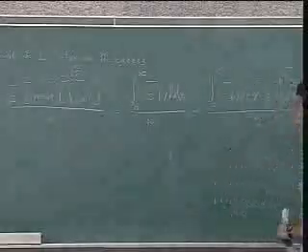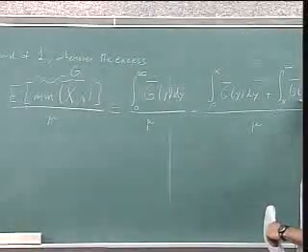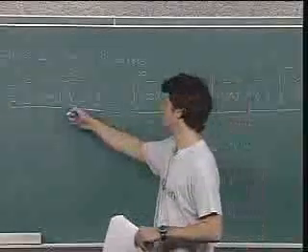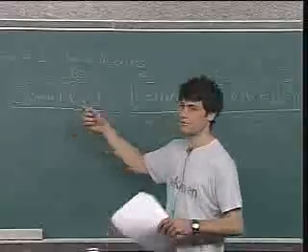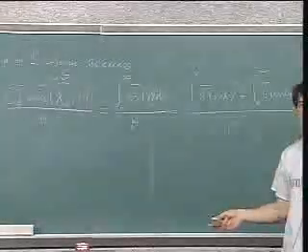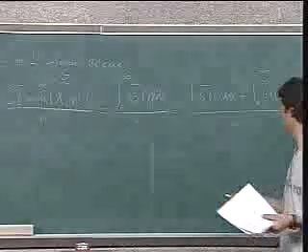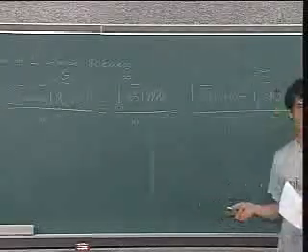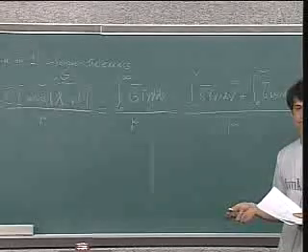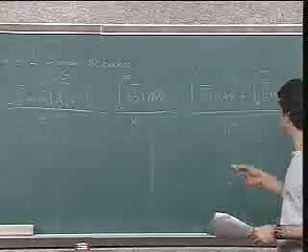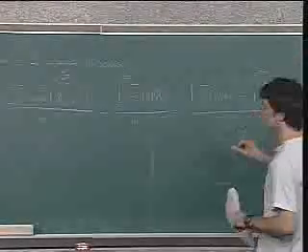Now, when y is greater than x, in other words, when the value of this random variable is greater than x, can the minimum of that random variable and x be greater than y? No way, right? The minimum is always x then. So this just becomes 0. This is 0.